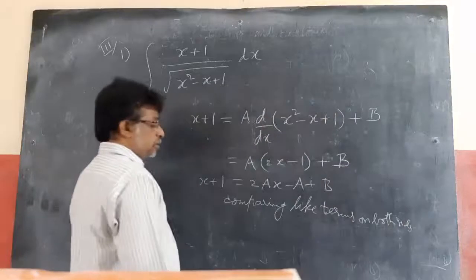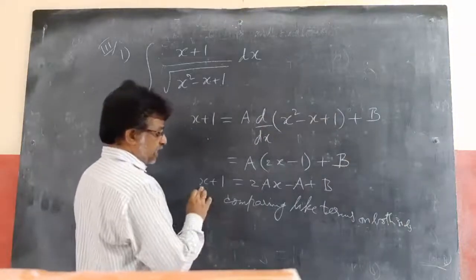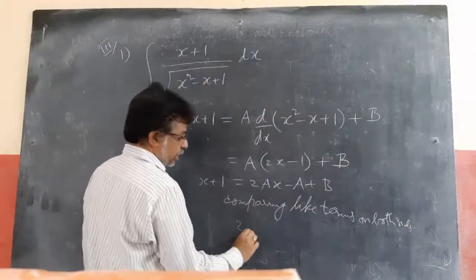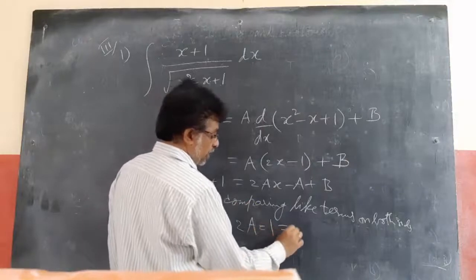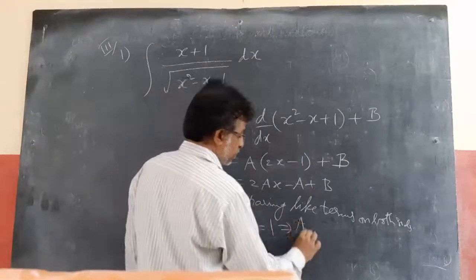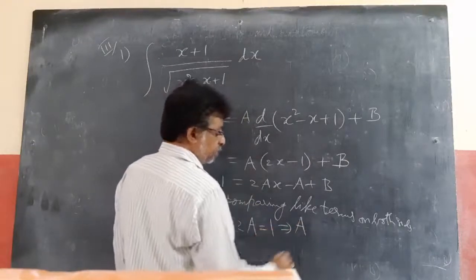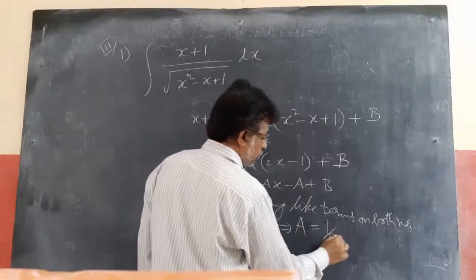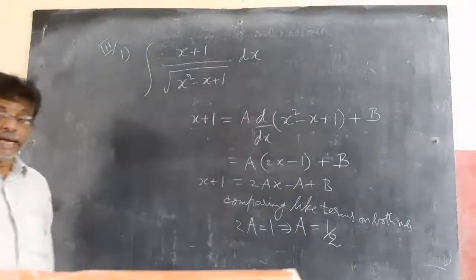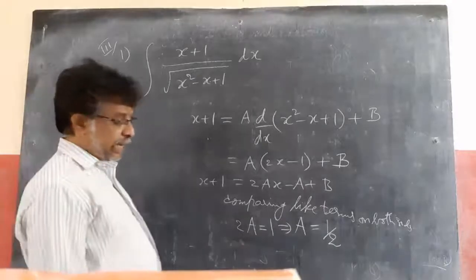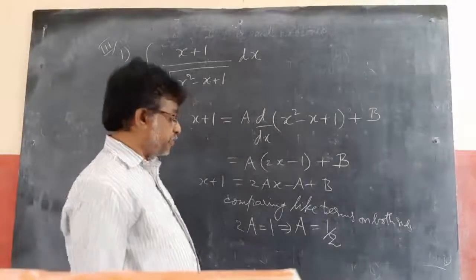What do you get? The coefficient of x: 1 equal to 2a, so 2a equal to 1 implies a equals 1 by 2.